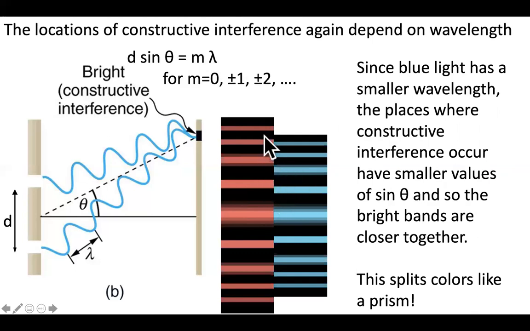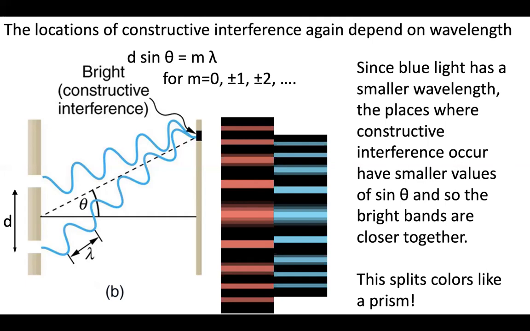So what tends to happen is, when you send multicolors through, the red band ends up here, the blue band ends up here. This process splits light into its component colors, just like a prism does. But this is doing it in a much more controlled way.